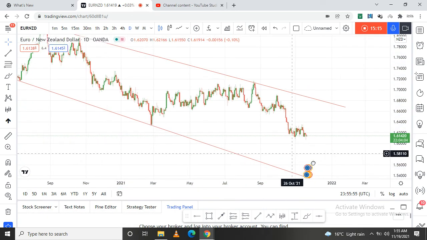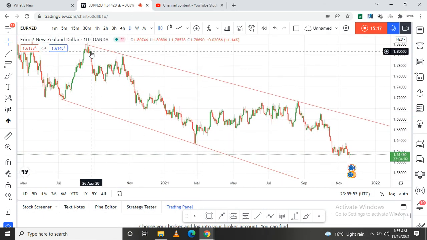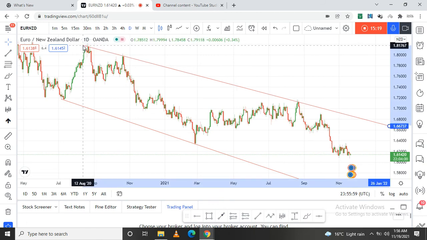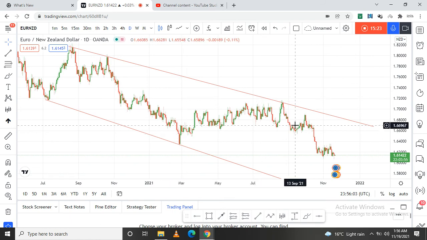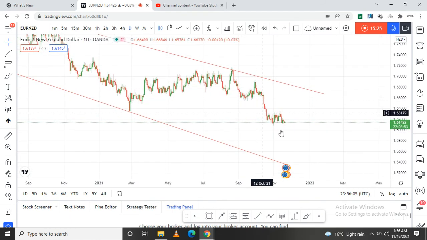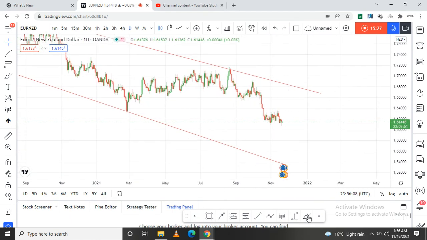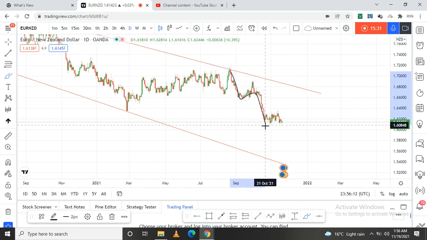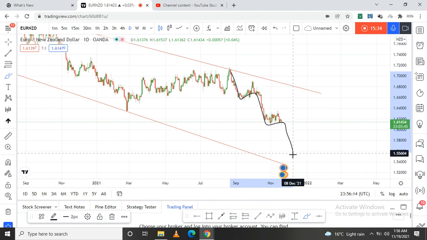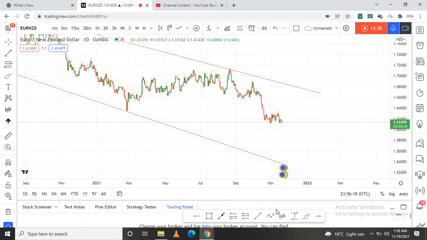So this pair is a bit straightforward. You can already see what is happening. We are impulsing, we are correcting, we are impulsing to the downside. So from here we have an impulse, we have a correction, we have an impulse, we have a correction. So the next leg is going to be an impulse to the downside.